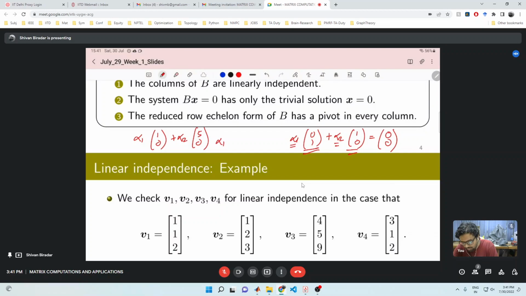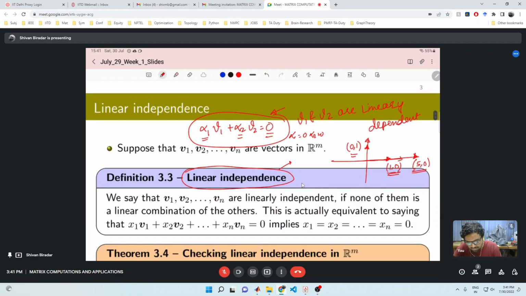If alpha 1 equals minus 5 and alpha 2 equals 1, or alpha 2 equals minus 1 and alpha 1 equals 5, then this linear combination would be 0. So there is some value of alpha 1 and alpha 2 for which this linear combination is 0, which means that this vector and this vector are linearly dependent.